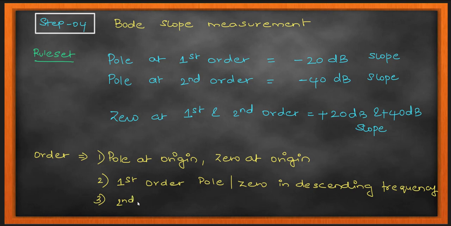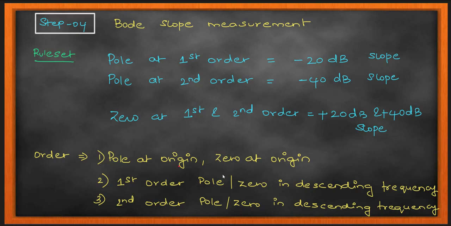Now, what is the rule for coming up with this order? For the Bode slope measurement, you need to write the terms in ascending order. The poles and zeros at origin take the priority, and after that, the first order: origin, first order, second order, third order, so that it goes in increasing form.